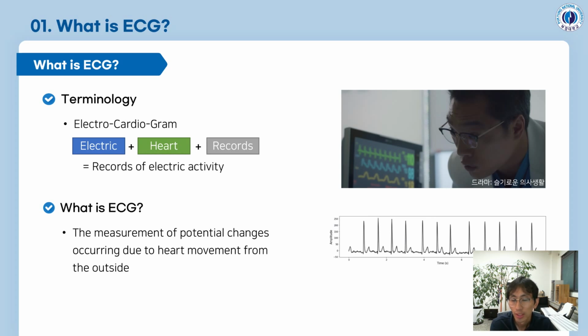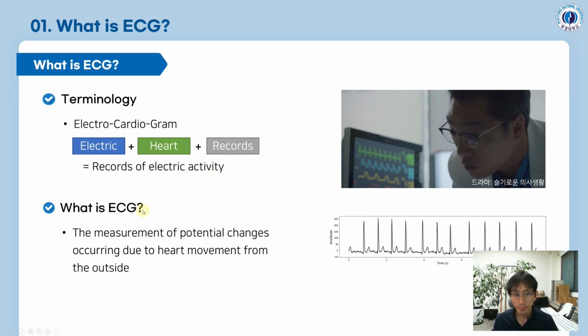And the last part of this terminology is gram. This gram means the records. So when we say electrocardiogram, this means electric heart records, so records of the electric activity of the heart.